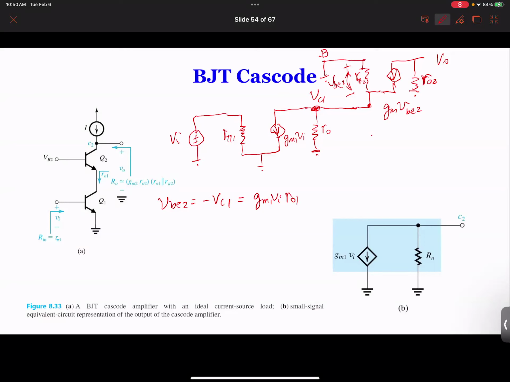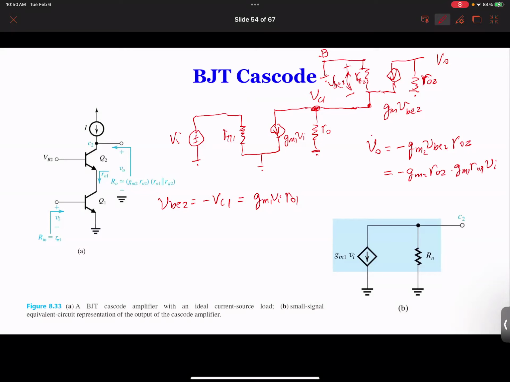And when you plug this VBE2 into the gain here, we get VO equal to minus GM2 times VBE2 times RO2. Plugging VBE2 in, we get minus GM2 RO2 times GM1 RO1 times VI. So the gain is easy to calculate.